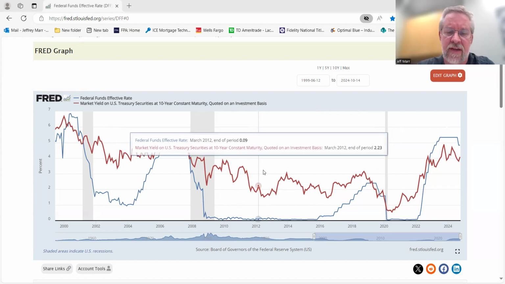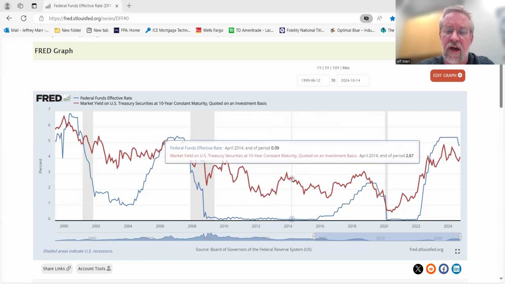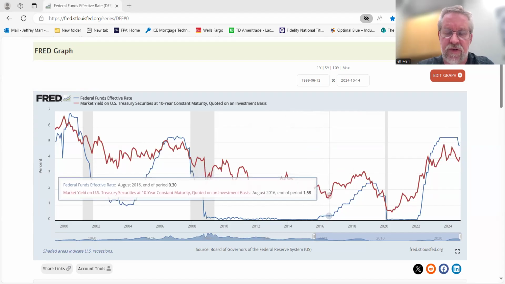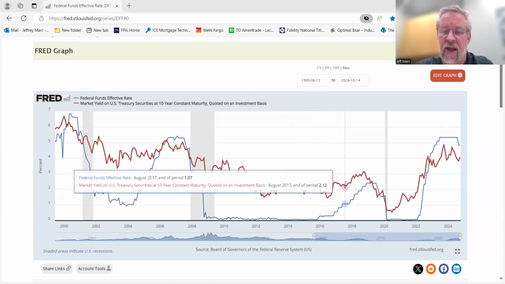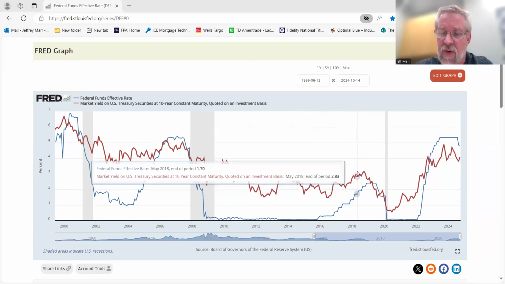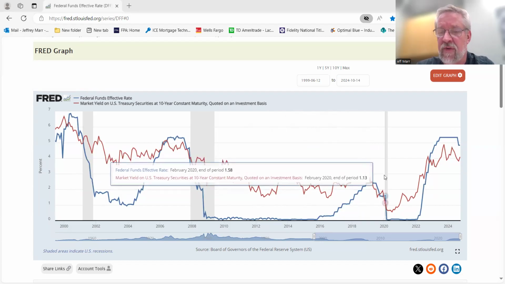So you'll see that it took a number of years, and the Fed's efforts finally got Treasury yields down below 2%. We actually had some periods when Treasury yields went down as low as 1% and even a little bit less.